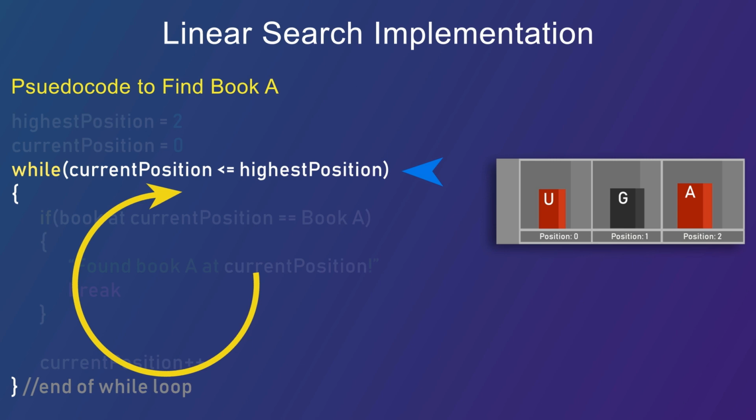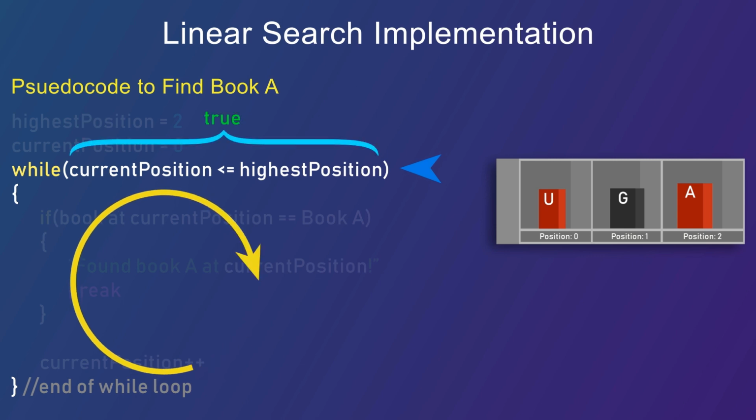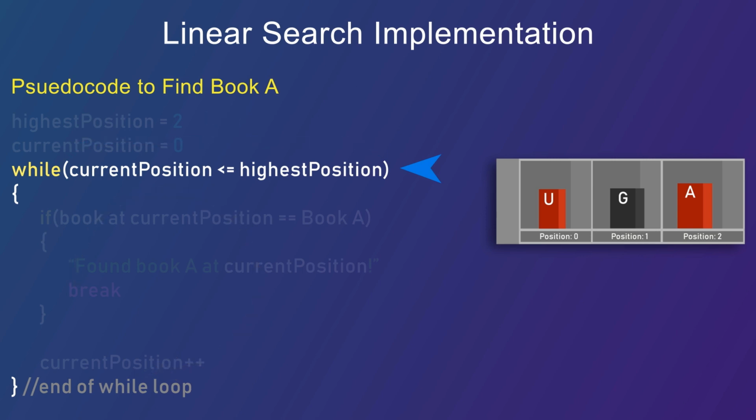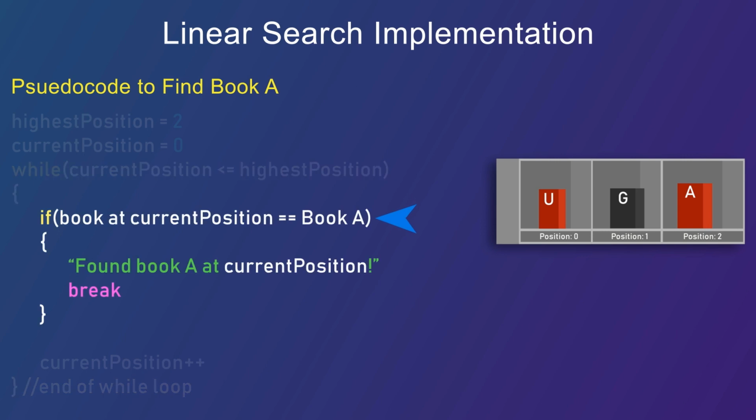Every time you loop back to the top, you have to make sure your condition is still true in order to keep looping. For our example, our condition basically says that as long as our position number doesn't go over the highest position in the bookshelf, keep looping. Inside, we have an if statement. Simply put, if the condition is true, then go inside and execute the code.